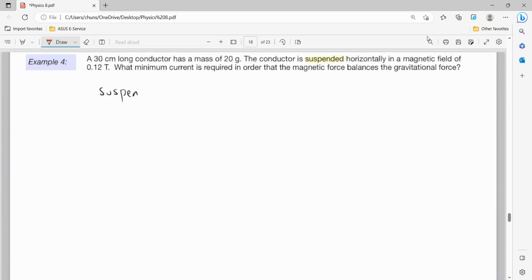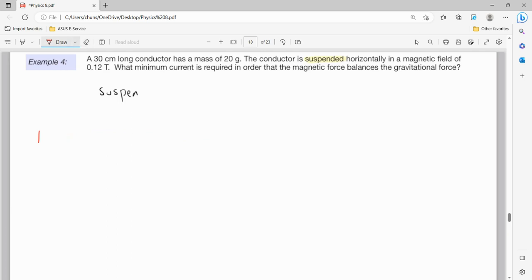Okay, and in this last example here, for this notes section of this video, we have a 30 centimeter long conductor with a certain mass, and it's suspended horizontally in a magnetic field. So what's the minimum current that's required in order to have our forces balance? So this means we have a wire.